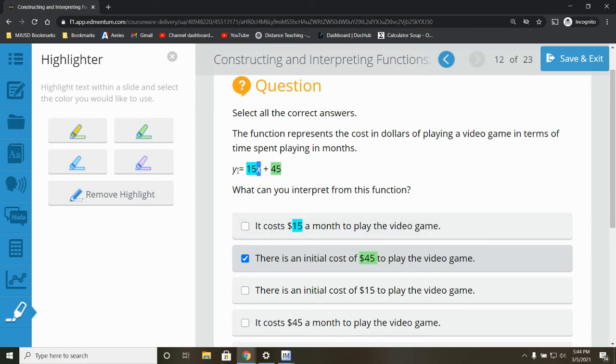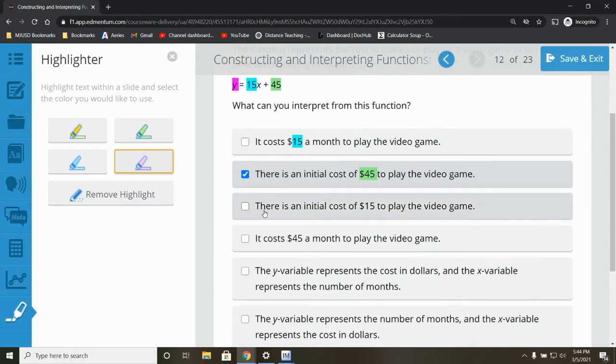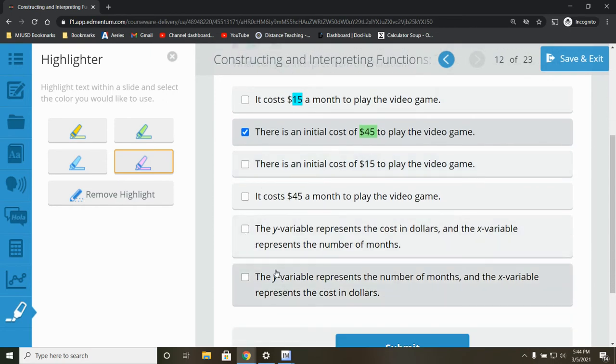The total cost of playing the game is dependent on how many months you play it. So the total cost is y. The y variable represents the cost in dollars, and the x variable represents the number of months. There you go. Those are the three parts.